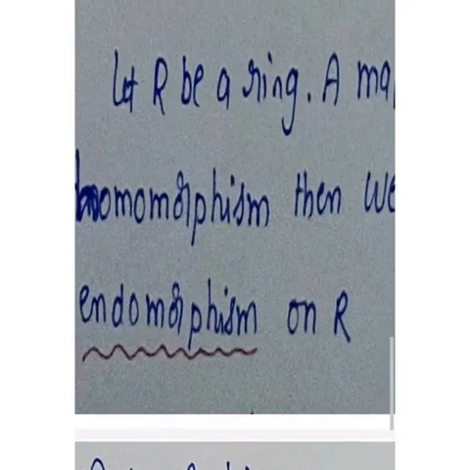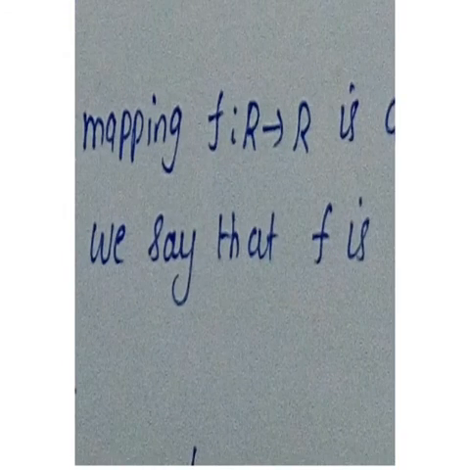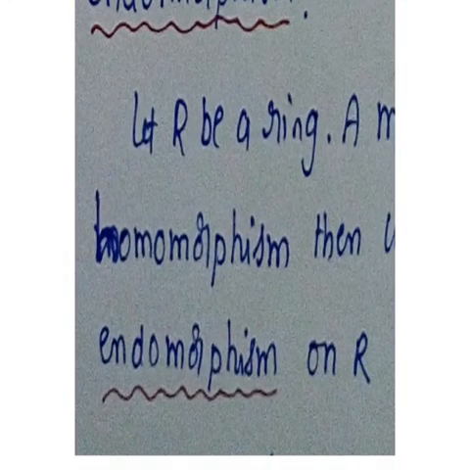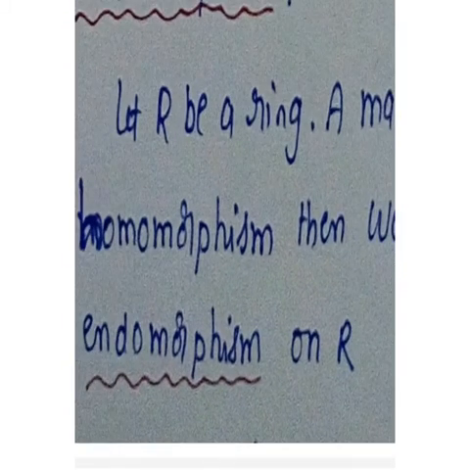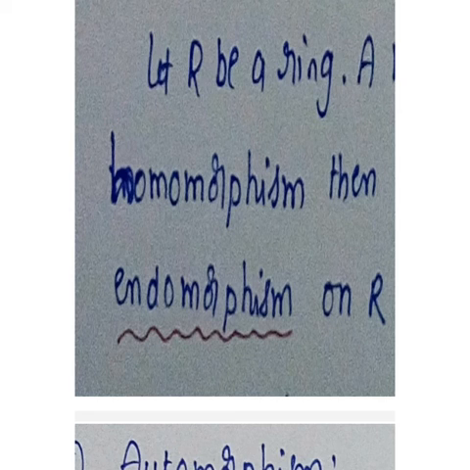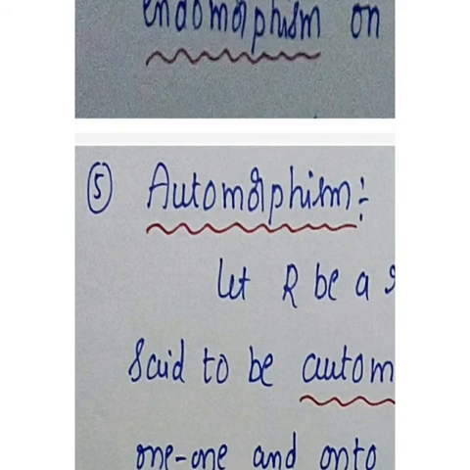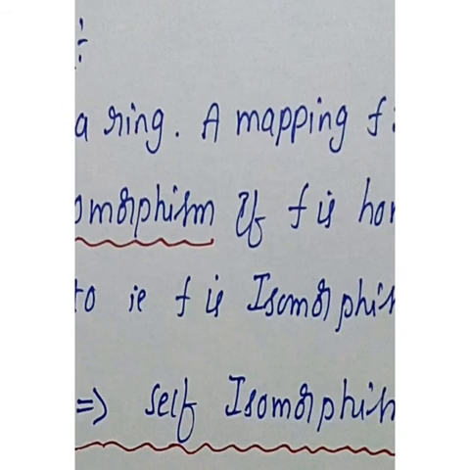Therefore, what is the definition of endomorphism? Let R be a ring, a mapping f: R → R is said to be endomorphism if f is a homomorphism. So endomorphism is nothing but self homomorphism. And the last one is automorphism. Automorphism is nothing but self isomorphism.